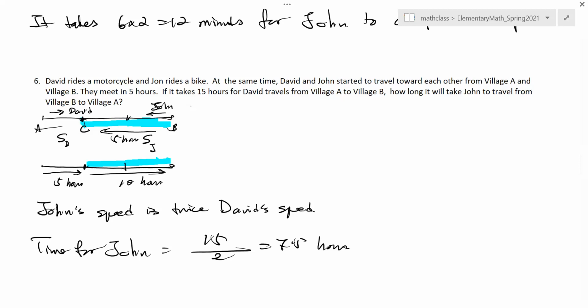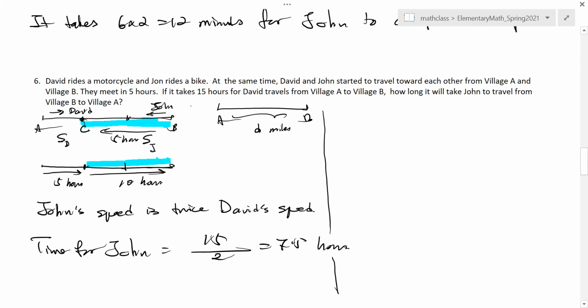Now, if you want to use the equation, how do you solve the problem? What kind of equation can you set up and solve? So let's try this. You don't know the distance. You can assume the distance between A and B is D. So D is the total distance between A and B, D miles.